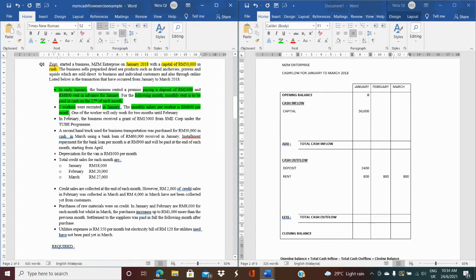The cash flow is required to be reported for 3 months, but one worker will only work for 2 months. It means that he will work up to February. So you have to be cautious about this statement.